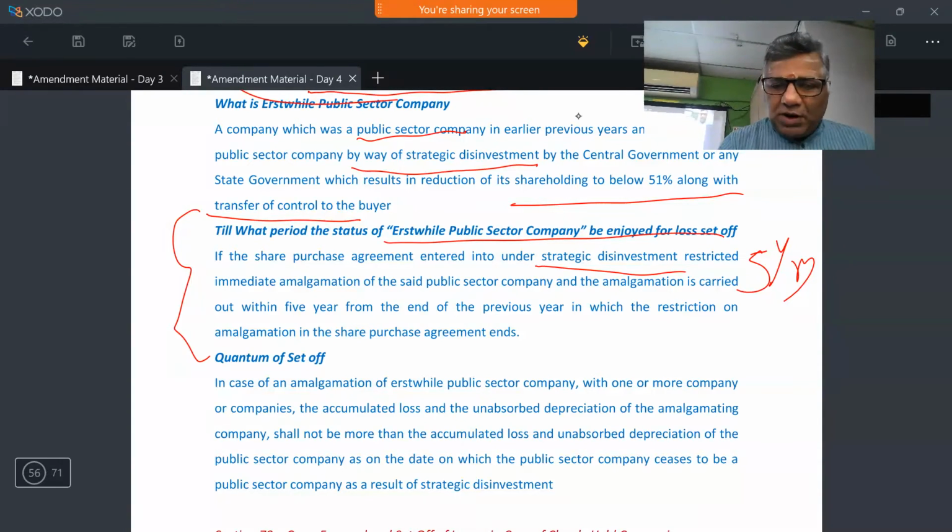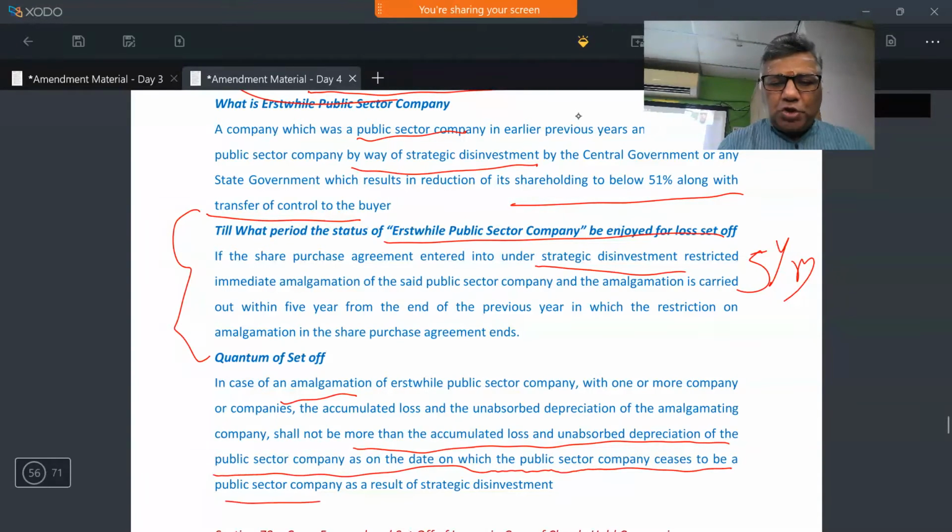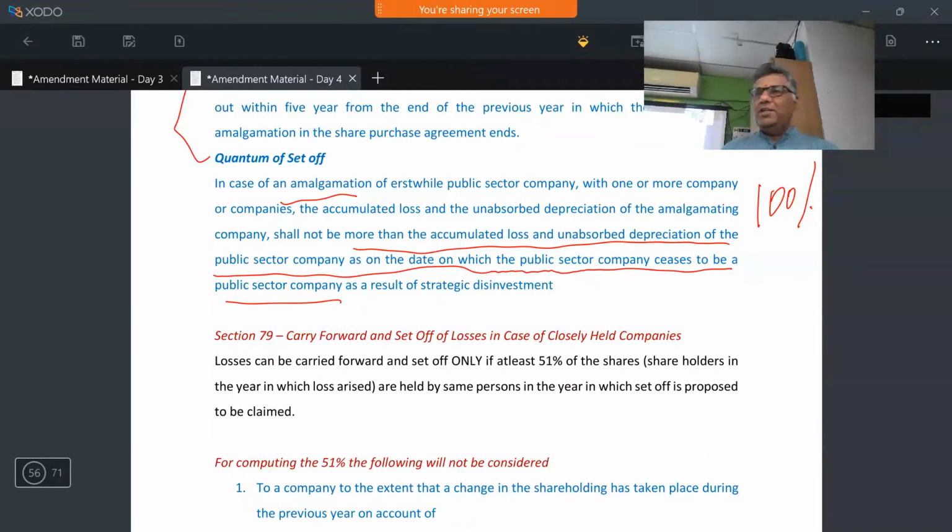In case of an amalgamation of a public sector company with one or more company, the accumulated loss and unabsorbed depreciation shall not be more than the accumulated loss and unabsorbed depreciation of the public sector company on the date on which it ceases to be a public sector company. Up to the date of 100% holding only, you can accumulate the loss. After that, the loss does not belong to you.